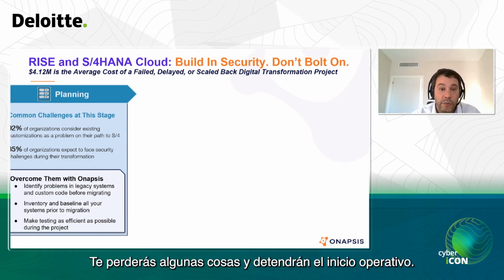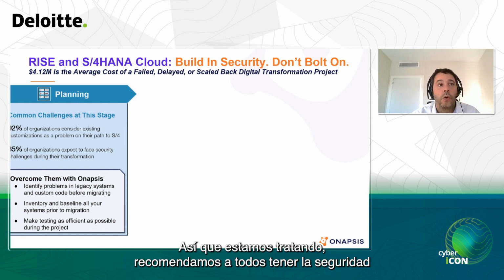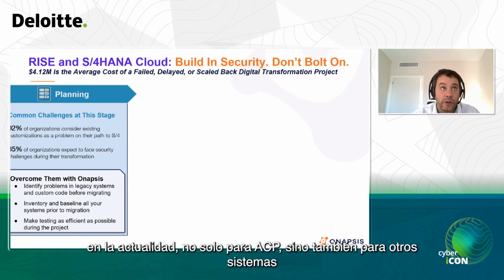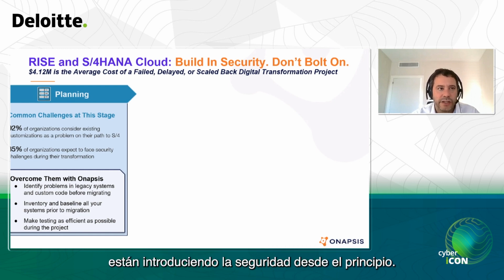Do you have that? You will miss some things and they will stop the go-live. So we recommend everyone to have security in the planning phase. And most companies, for every project nowadays, not only for SAP but for other systems, are introducing security at the beginning.